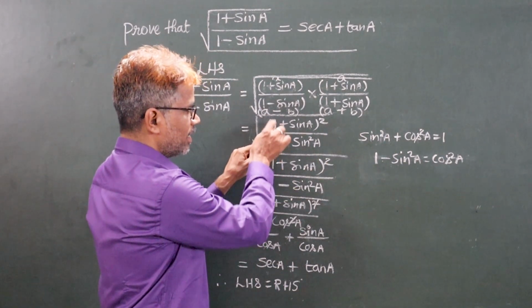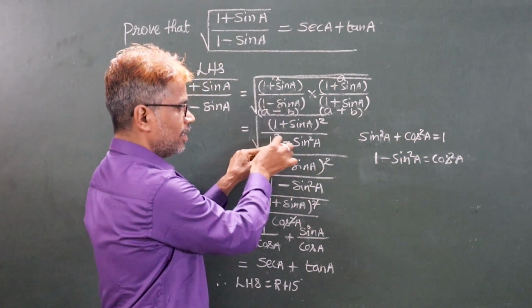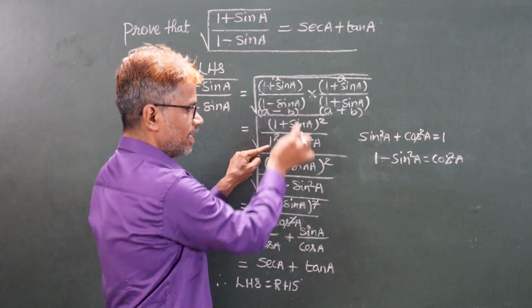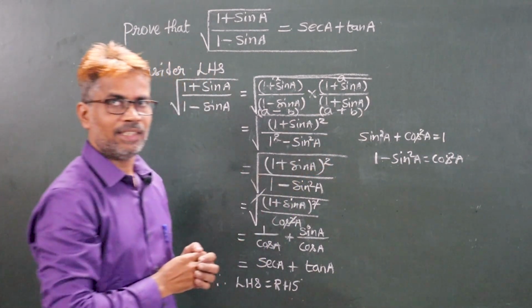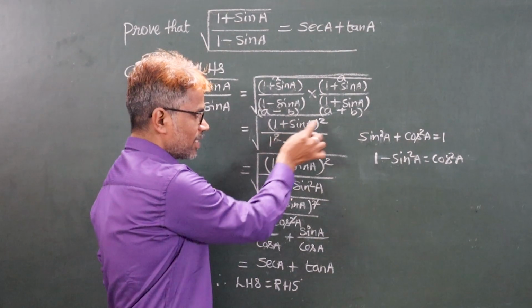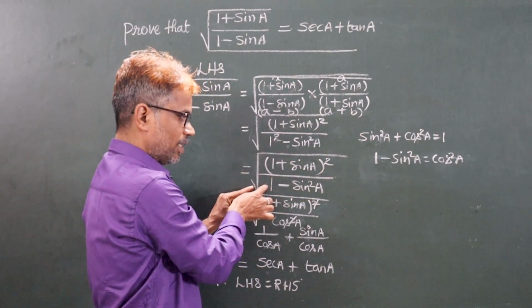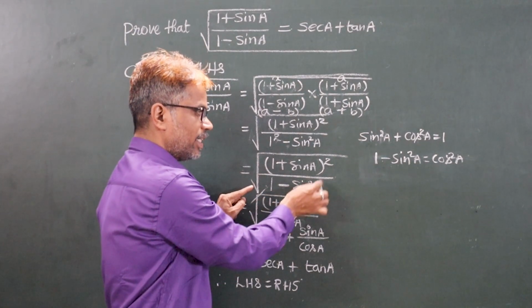Therefore, the denominator reduces to: a value is 1, so 1 square, minus b value is sin a, so sin square a. That is equal to square root of (1 plus sin a) whole square, keep as it is, divided by 1 square, which is 1, minus sin square a.